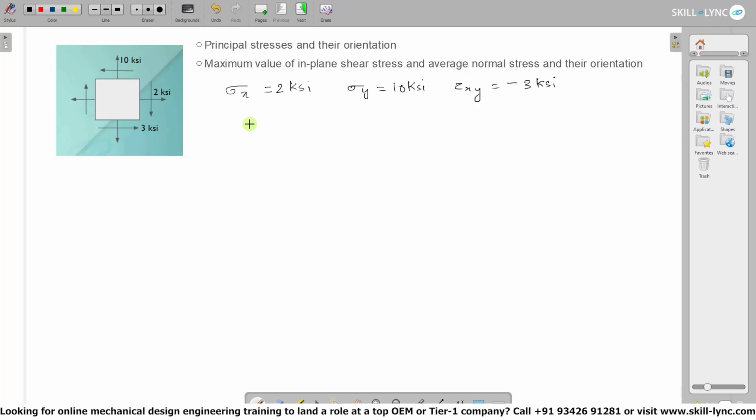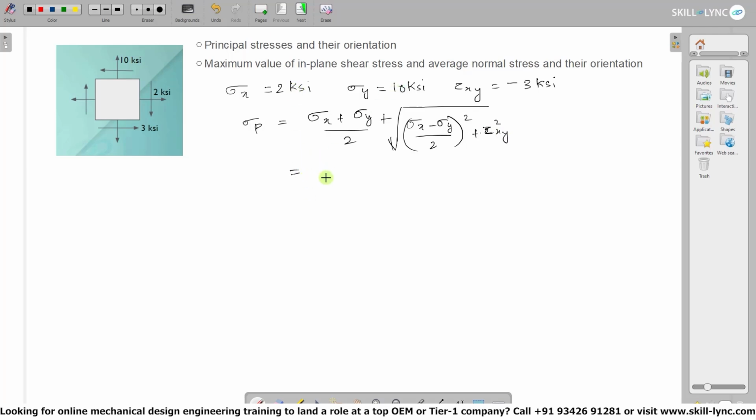So first let us write the equation for principal stress, sigma p, which is equal to (sigma x plus sigma y) divided by 2 plus root of ((sigma x minus sigma y) by 2) the whole square plus tau xy the whole square.